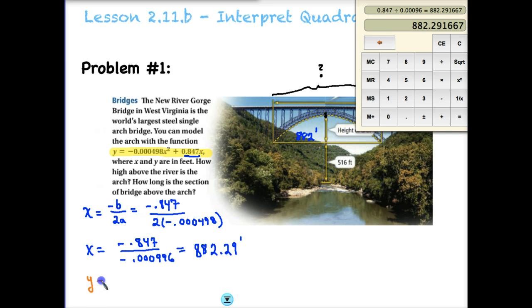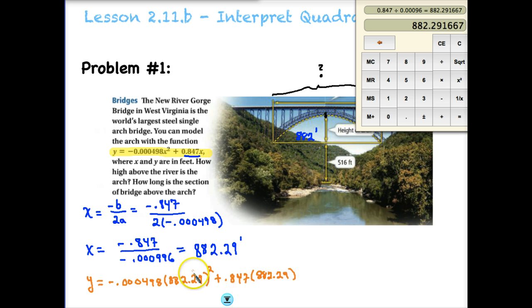So in our equation, we have y equals negative 0.000498 times 882.29 squared, plus 0.847 times 882.29. I'm plugging in our x value in order to figure out our y value so we can get the vertex.